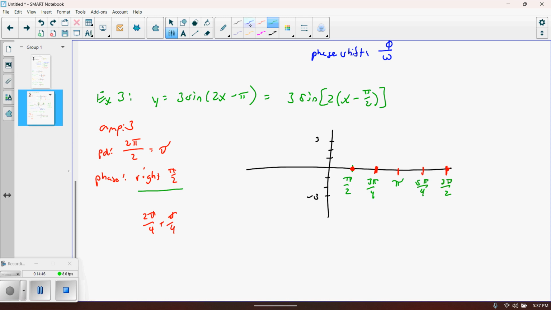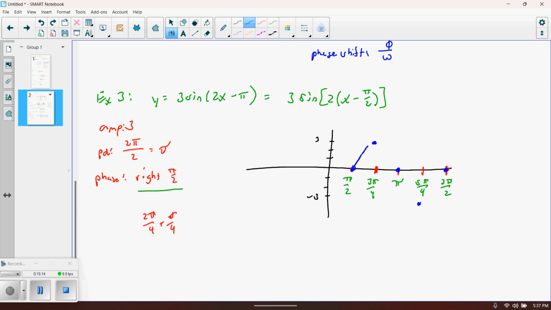And then once again, what I know is that it starts at its midline, which is where we started it. Put that in blue. It will go up to the max because it has not been reflected, but the maximum is going to be up to 3 because of the amplitude, back down through its midline at pi, down to its minimum at 5 pi fourths, and that's going to be the y value of -3, and then finish back at the midline.